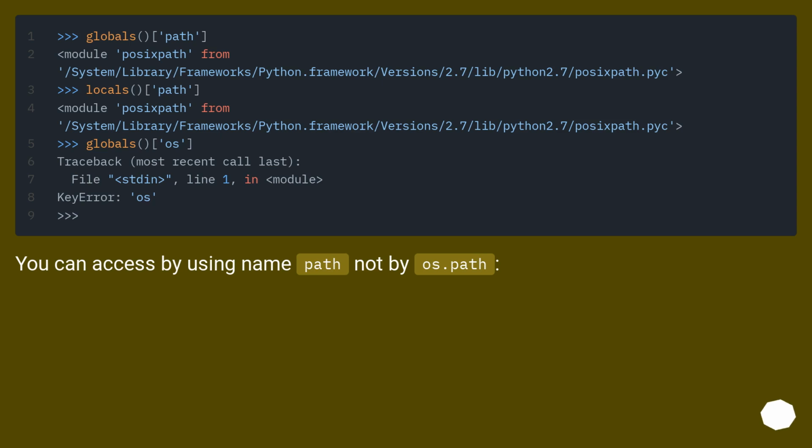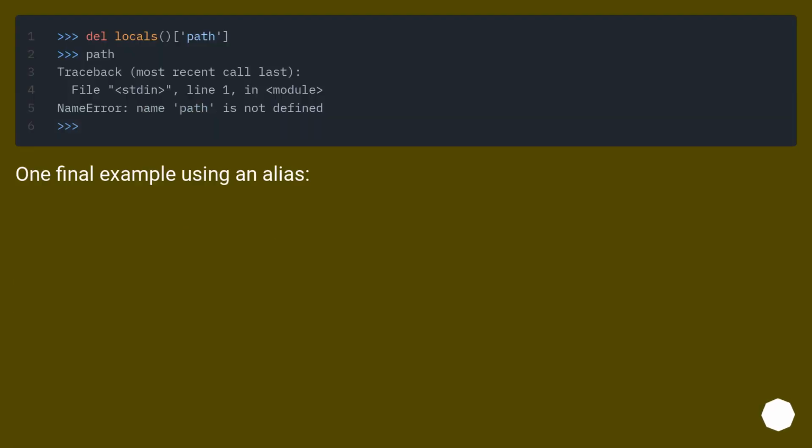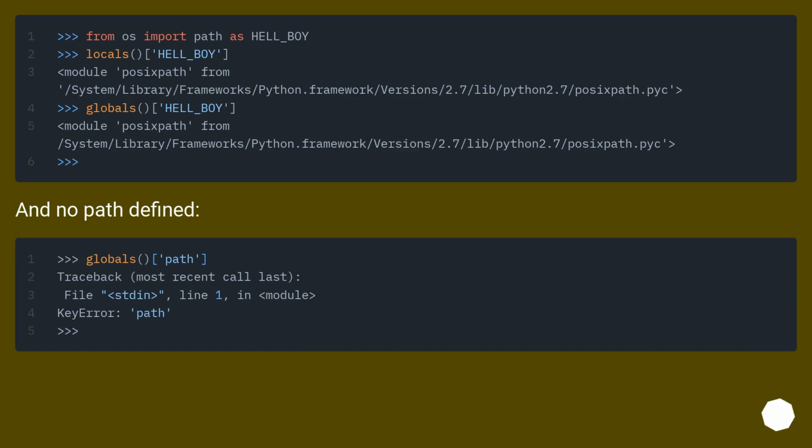You can access by using the name path, not by os.path. Let's delete path from locals. One final example using an alias. And no path defined.